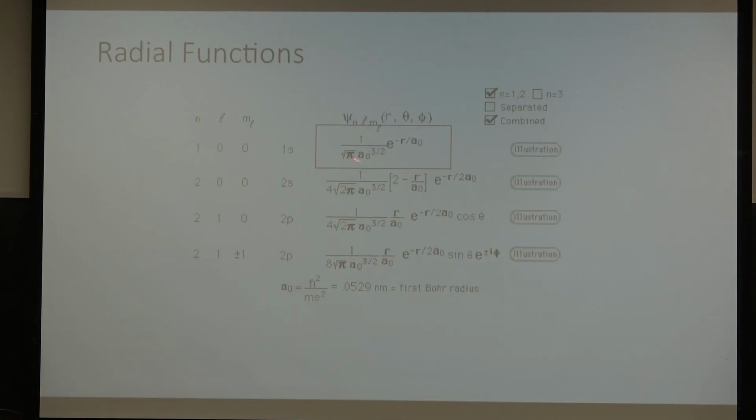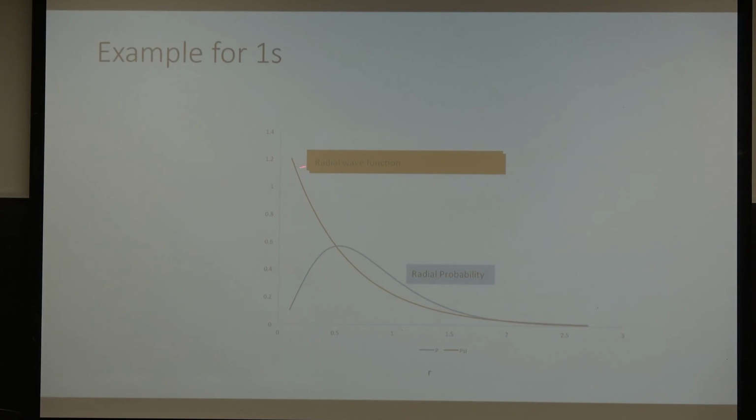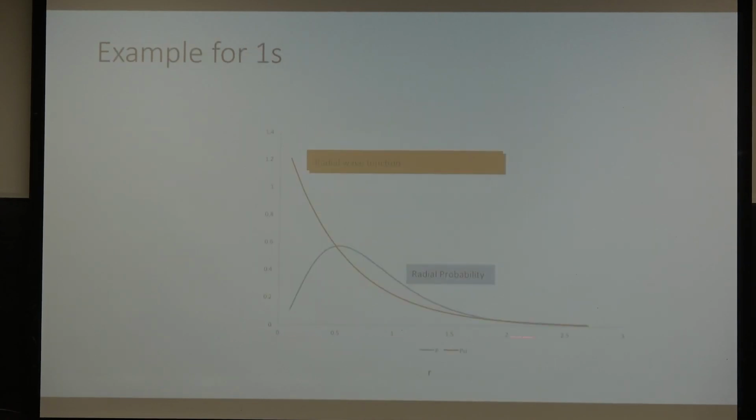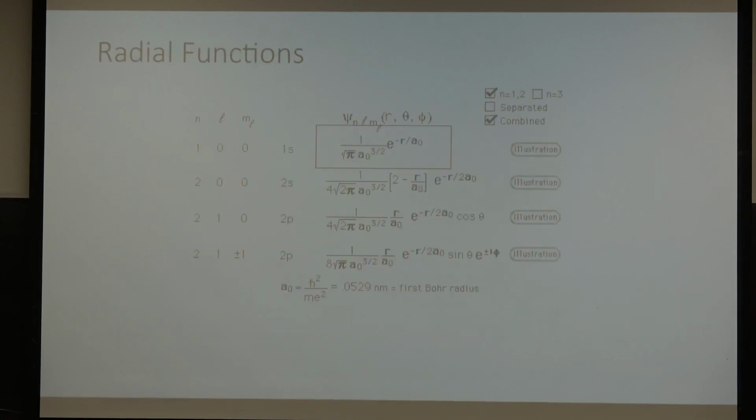We'll probably have a homework where, so this was me convincing myself that I could actually do this, punch the math through and make this in Excel and plot on this axis the wave function and the radial probability, so this squared, where a sub naught, what is a sub naught?